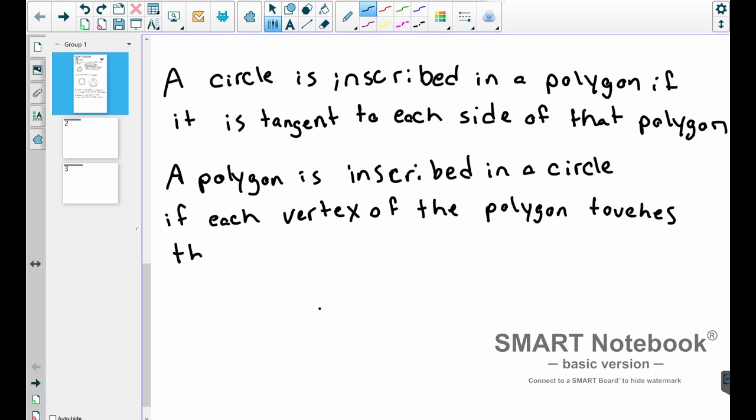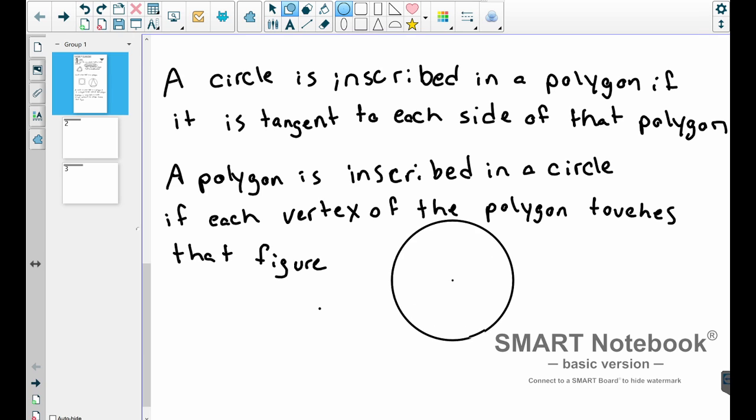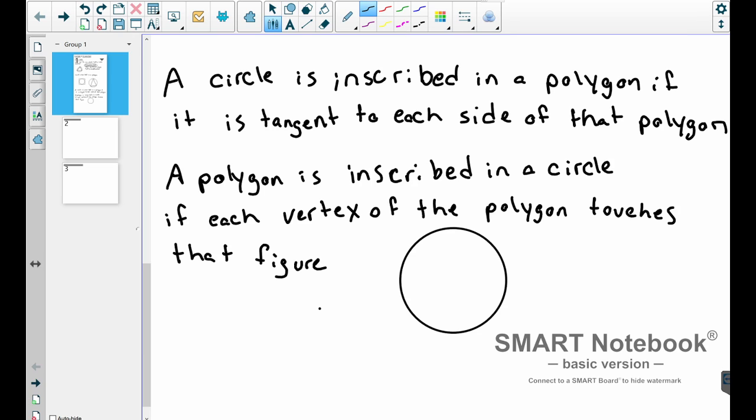Meaning every angle has to be touching the circle or whatever it is that it's inscribed in at least one point. So if we have a circle here and we inscribed a rectangle in it, each point on that rectangle would have to be touching the circle. If it wasn't, it would not be inscribed.